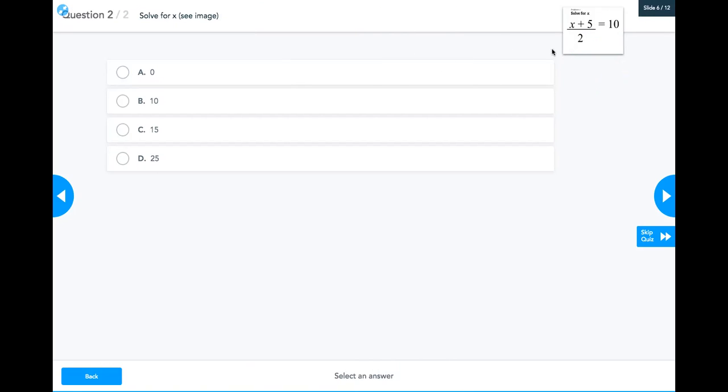Okay, this one might be trickier. What about this one? What I can do to help is when there's more than one thing up here in the numerator, it could be like a group. So even though this says plus 5, it's in a group. So would I do that first or last?